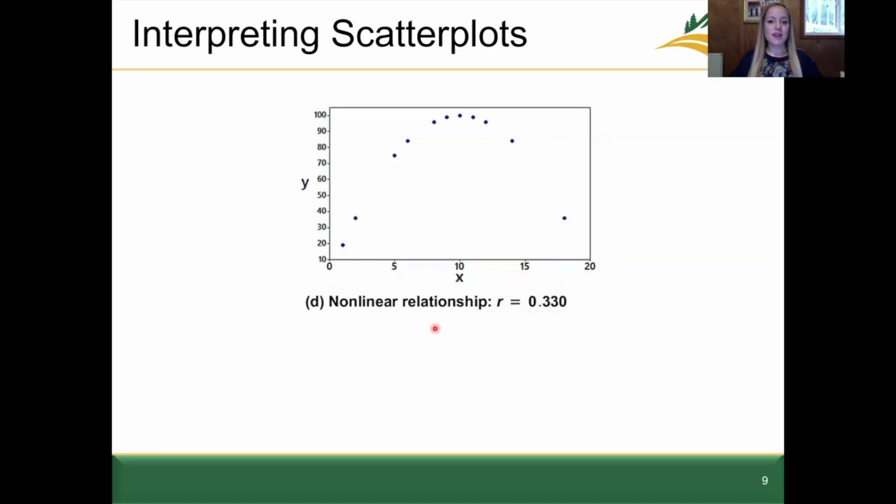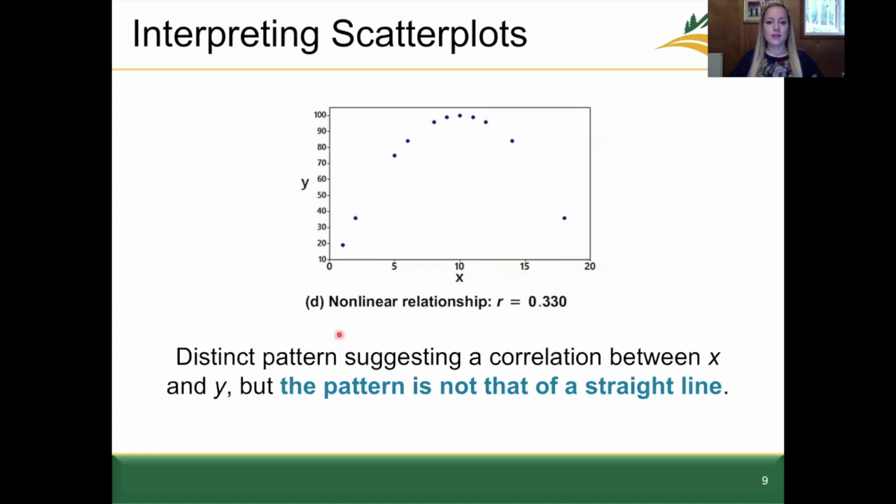So anytime we say that bivariate data have a nonlinear relationship, we say that there is a distinct pattern suggesting a correlation between X and Y, but importantly, the pattern is not that of a straight line. So while we're focused on straight line correlations in 10.1, that's not to say that these nonlinear correlations do not exist as well.